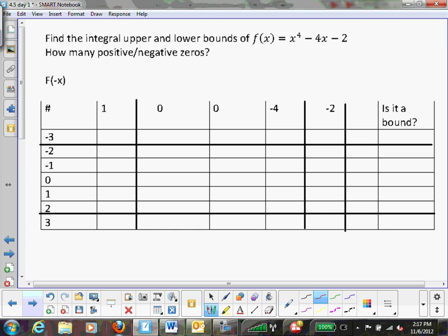Find the integral upper and lower bounds of the next one. Okay, how many positive and how many negatives? Well, how many positives are we going to have? It's kind of hard to say because we've got all these zeros, right?